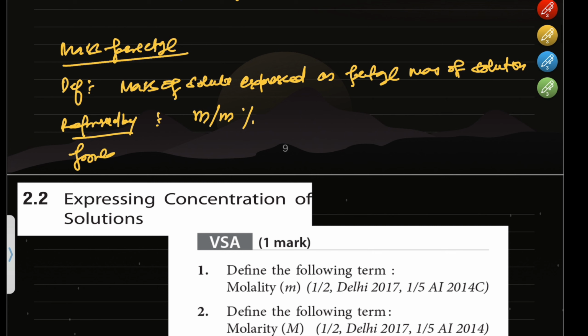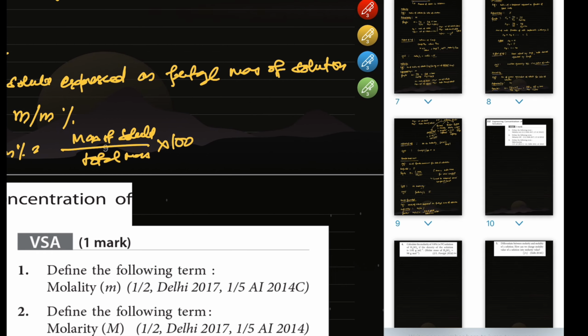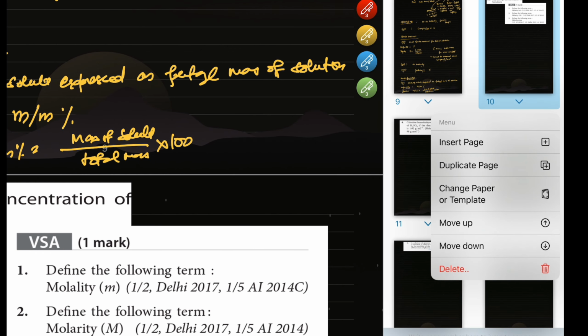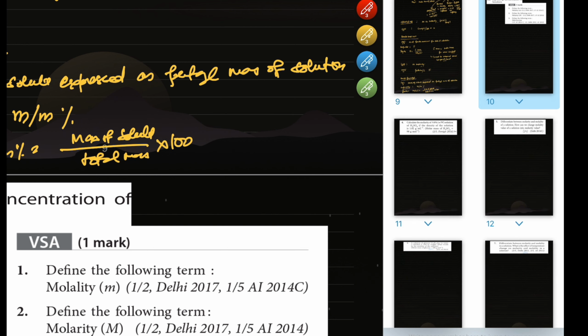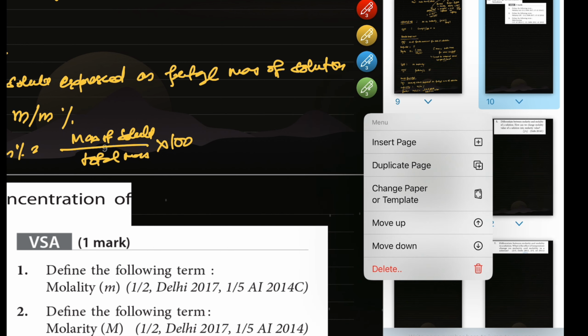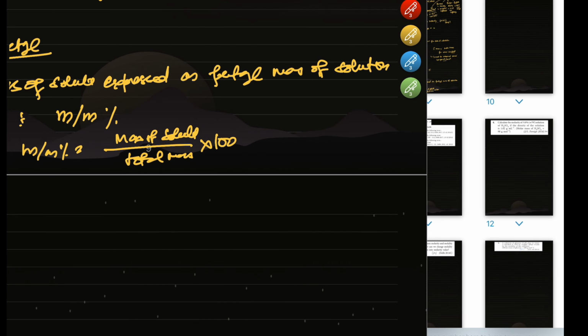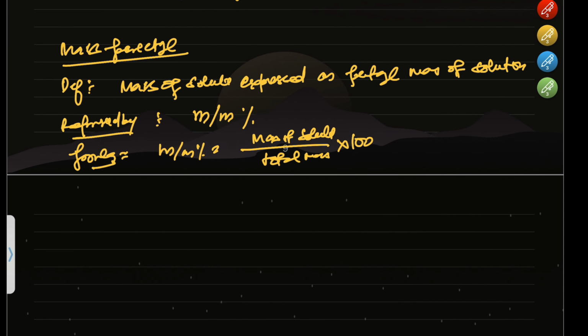Formula: m by m % is mass of component, mass of solute upon total mass, into 100. This is called mass percentage.